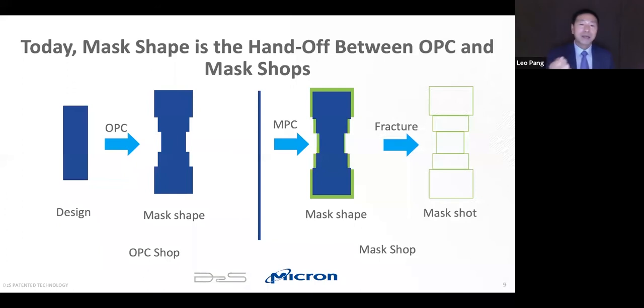Once the mask shop receives it, it will run MPC, mask process correction. It can be done either rule-based or model-based, but basically applies bias to the shapes. Once that's done, they do the next step called fracture. It breaks all those patterns into rectangular shots used by the VSB mask writer.